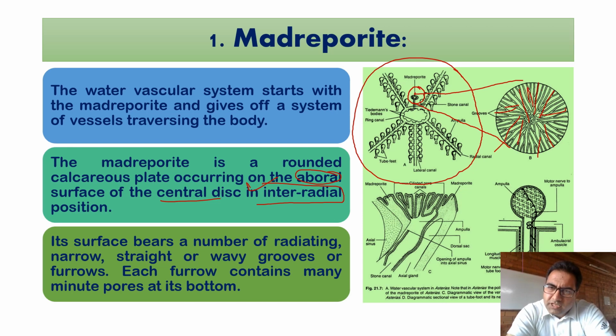If we zoom further, we see many ciliated pores which lead to a collecting duct, called the ampulla. So these pores, from where the water enters, lead to a common canal called the ampulla.